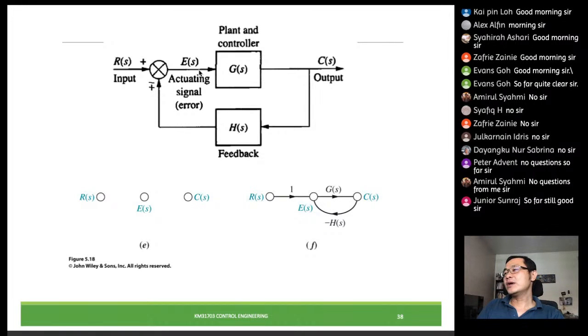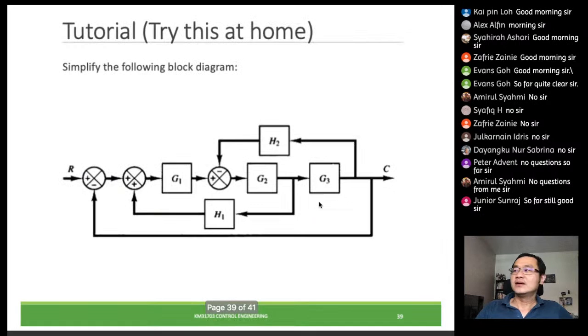Then going from E to C through the transfer function G, we just draw an arrow with a function of G. Then at this point it flows back from signal C to signal E. Since this is negative, we have to combine it into our transfer function, negative, because we cannot see the -1 there, unless you also draw another node here to connect it, up to you. So this is how you can form the signal flow itself.